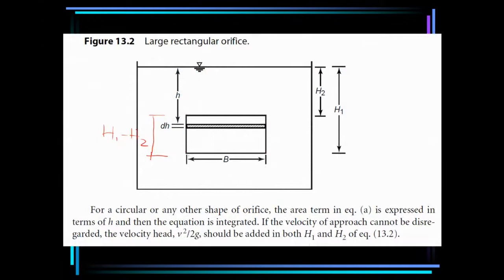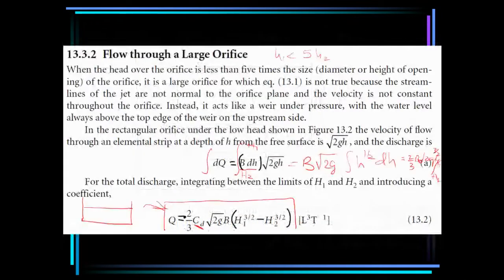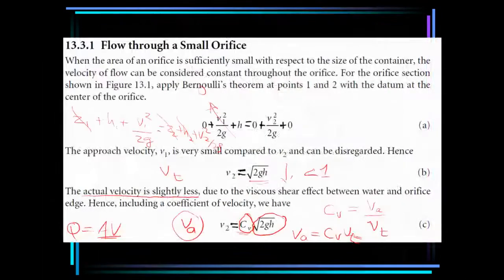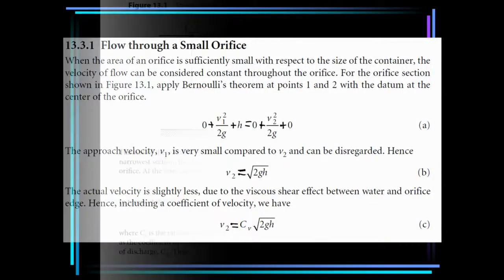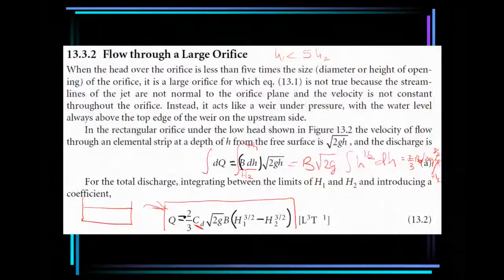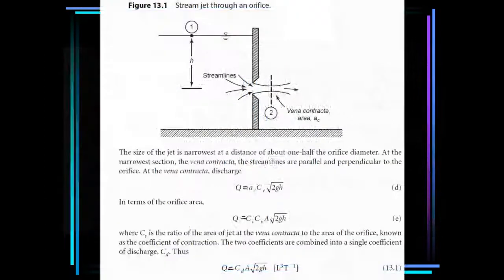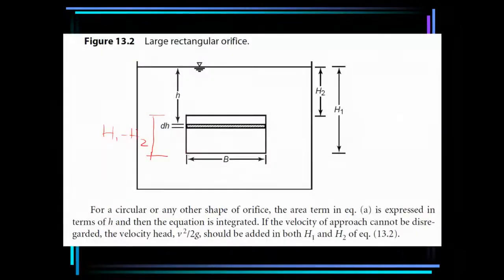And then you integrate. If the velocity of approach cannot be disregarded, you see here we are neglecting the velocity of approach. If you remember here, we disregarded the velocity of approach, isn't it? So if the velocity of approach cannot be disregarded, then we need to add v squared over 2g, the velocity head, to both h1 and h2.